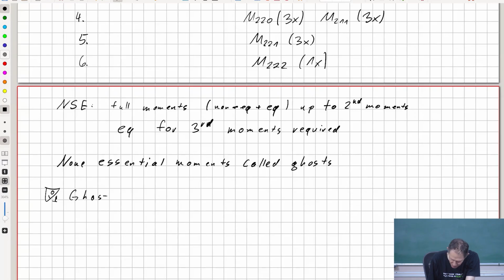There are two problems with this. First of all, they are a waste of memory and resources because you have something that you do not need. And the other thing is, say you have an organ that you don't need. When this organ gets sick, it can still kill you, right?